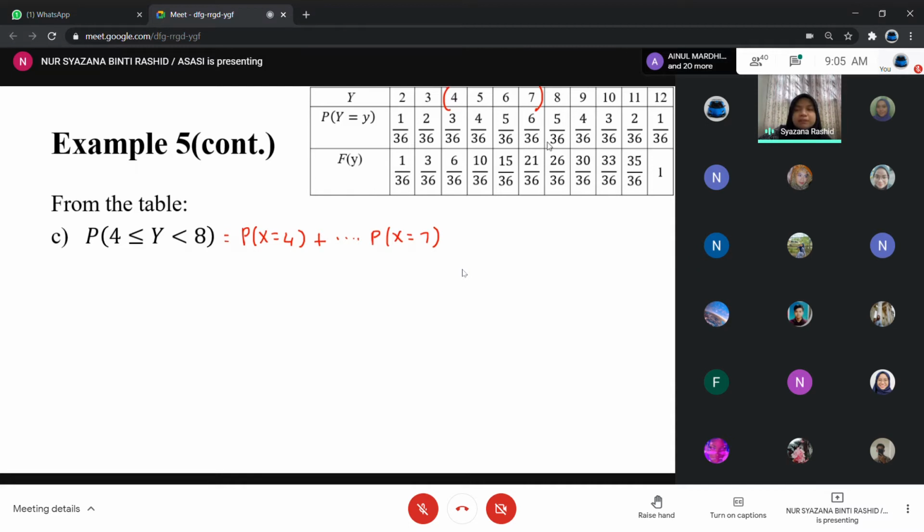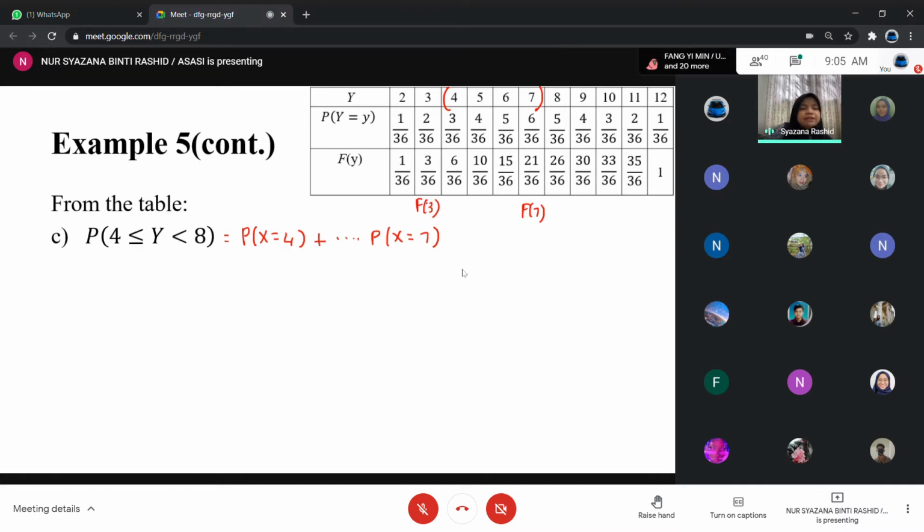Kalau tak nak guna single probability, you boleh guna cumulative. So you ambil cumulative paling banyak. You ambil keseluruhan. You ambil cumulative 7. Kan? You ambil cumulative 7. So sekarang ni, you tak nak dia punya ni kan? 2, 3 ni. So bila kita tak nak 2, 3, kita tolak lah cumulative 3.